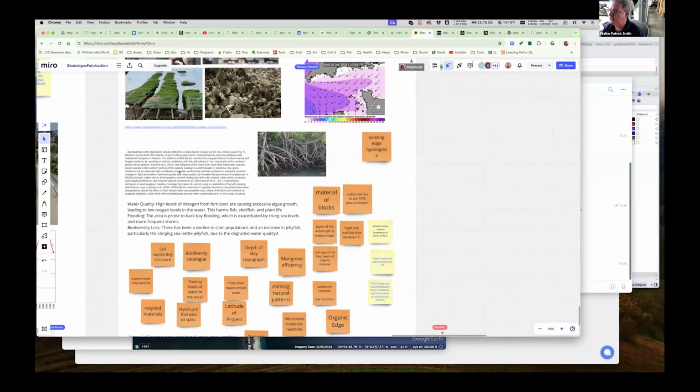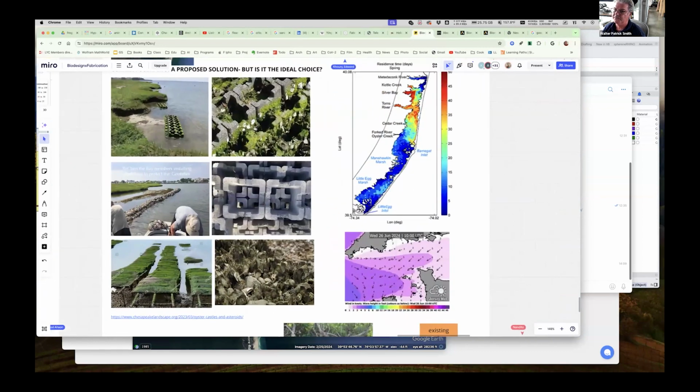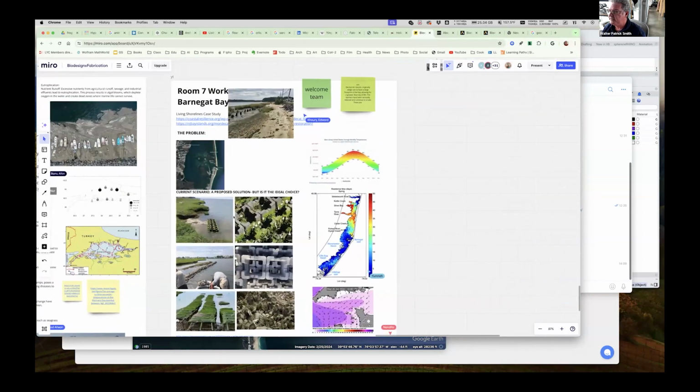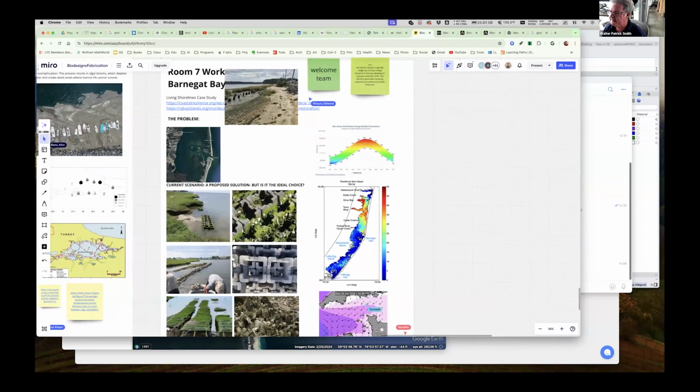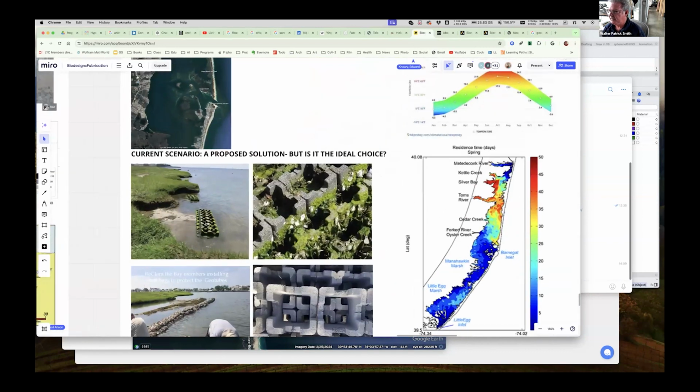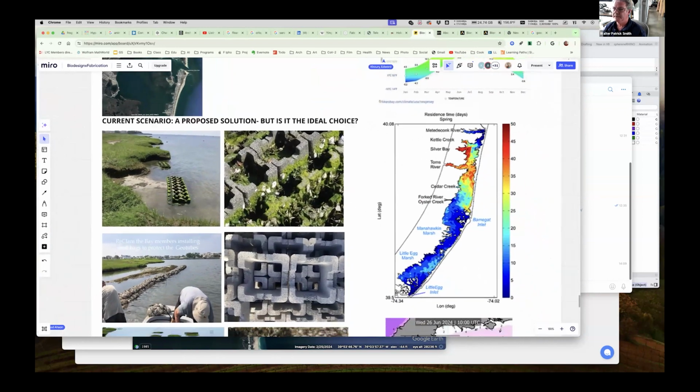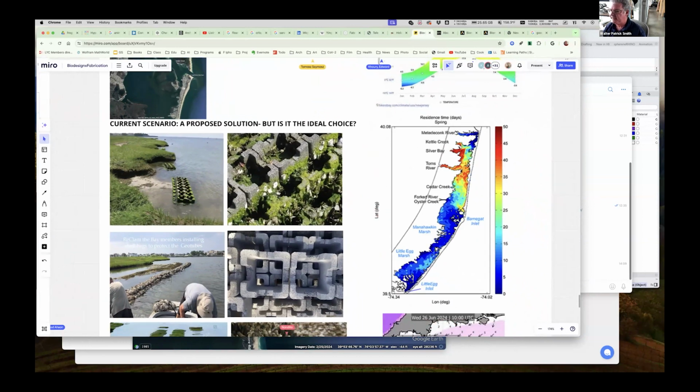They've started having ones that are a little heavier, harder to float away. They call these oyster castles, and I like to call them cement blocks, that they put out there in really unimaginative patterns, but they do pretty well at becoming the home for algae and mosses and oysters and mussels and become an edge.